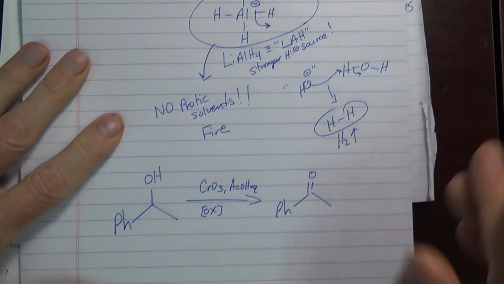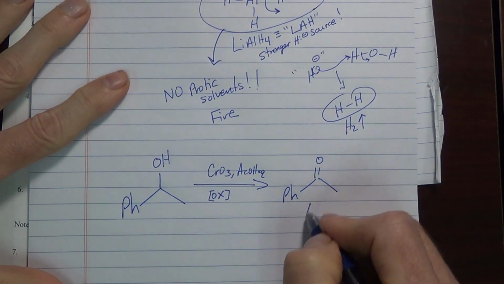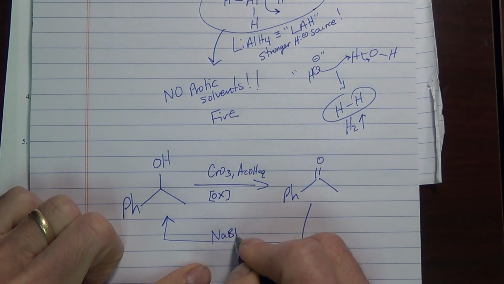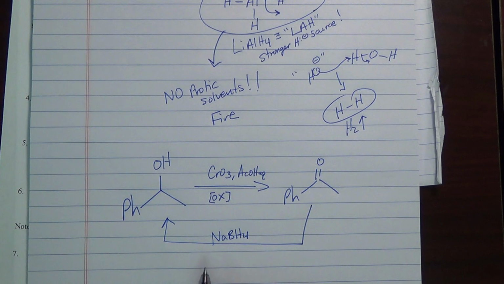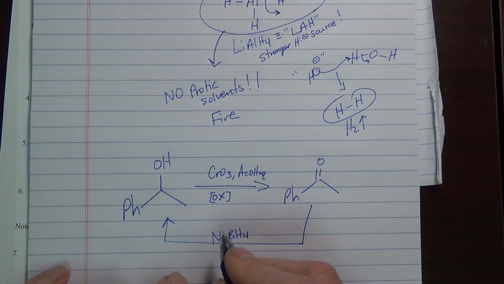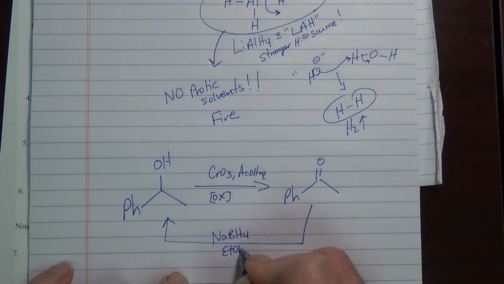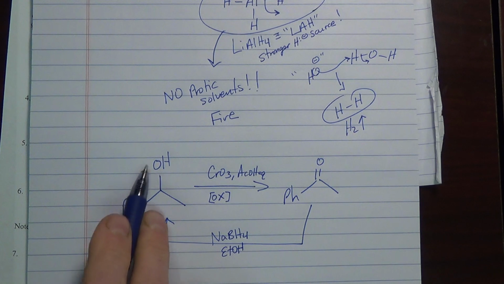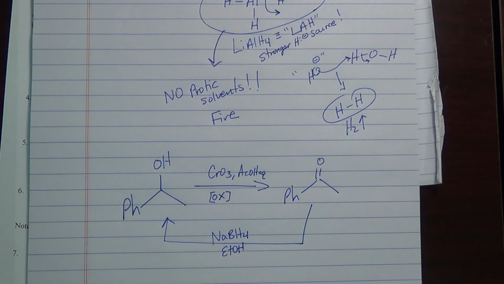All right. Well, what we just did is we went to here using sodium borohydride or LAH, we will see. In the case of sodium borohydride, we could use maybe ethanol as solvent, and the ethanol would supply the proton to the oxygen anion.